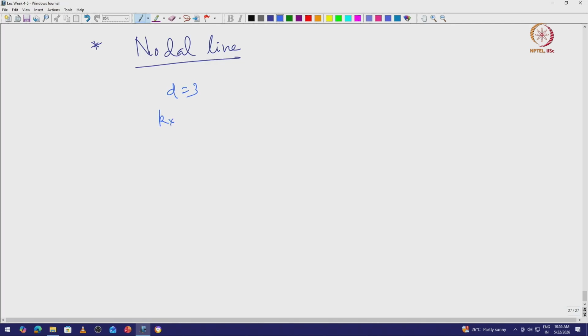So you have kx, ky, kz, but your co-dimension is 2 or less, right. So d is greater than c. So you have fewer equations than the number of variables.